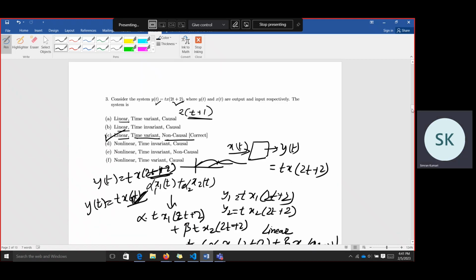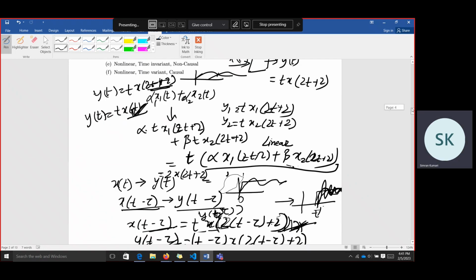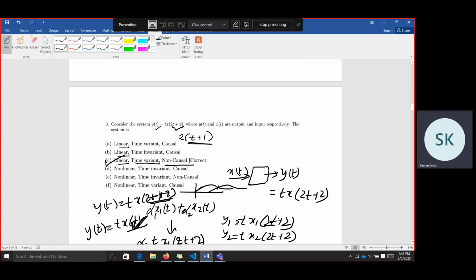Fine. This is the example which talks about time invariance or time variance. This is the dynamics of the system. Now we have to see whether it's time invariant or not.